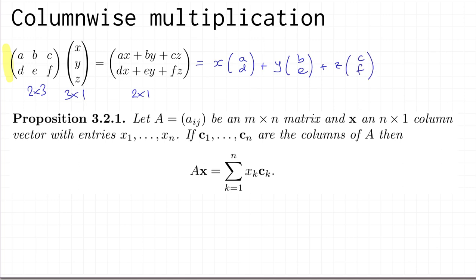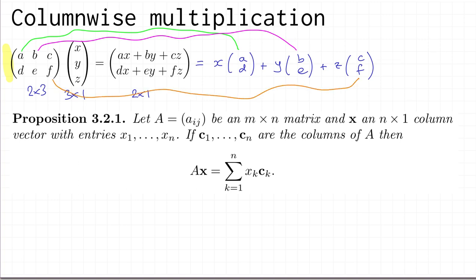But what are these things (A, D) and (B, E) and (C, F)? Well, (A, D) is the first column of the matrix on the left, and (B, E) was the second column, and (C, F) was the third column. So we can write this matrix product as a sum of multiples of the columns of the matrix on the left of the multiplication.